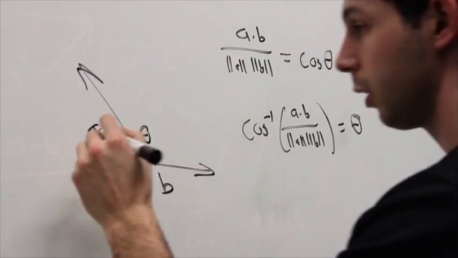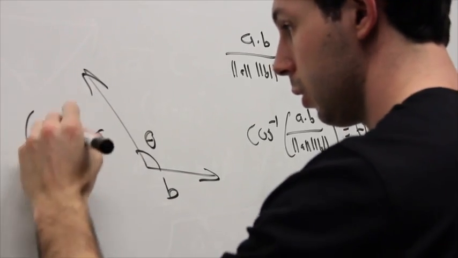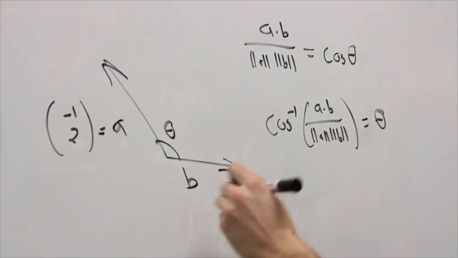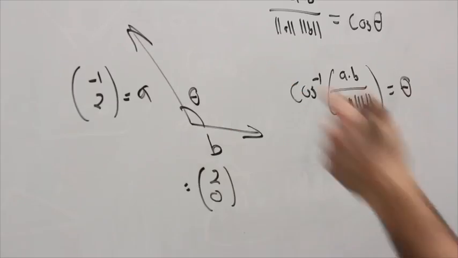So we could actually do that with this. Let's say A equals (-1, 2), and B is (2, 0). Then we can solve for the angle theta between them.